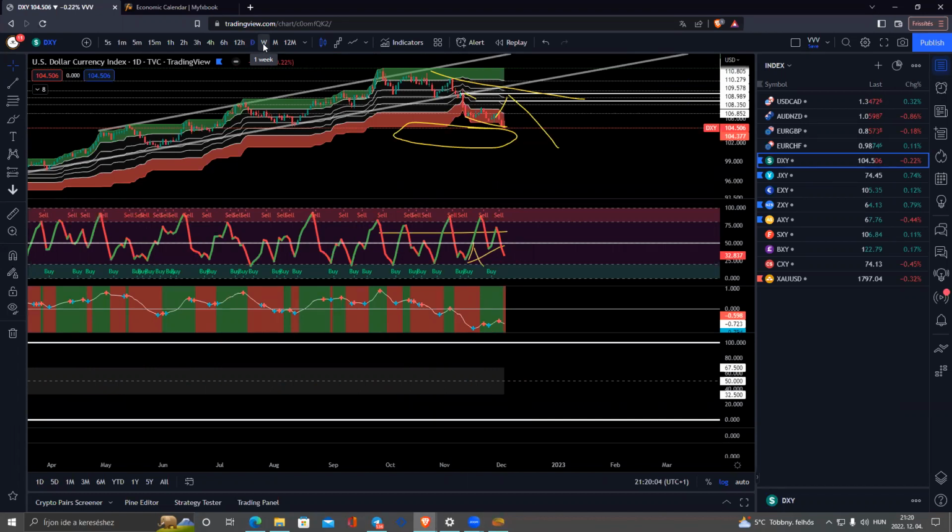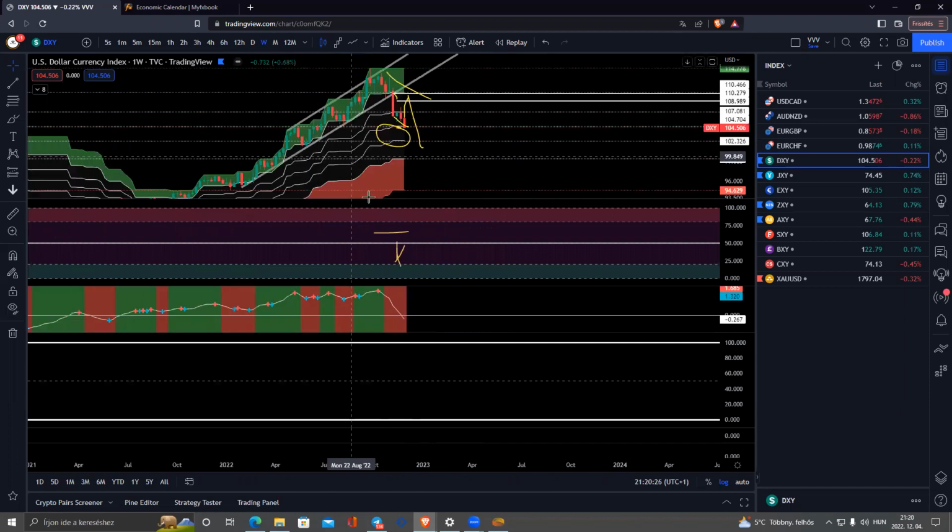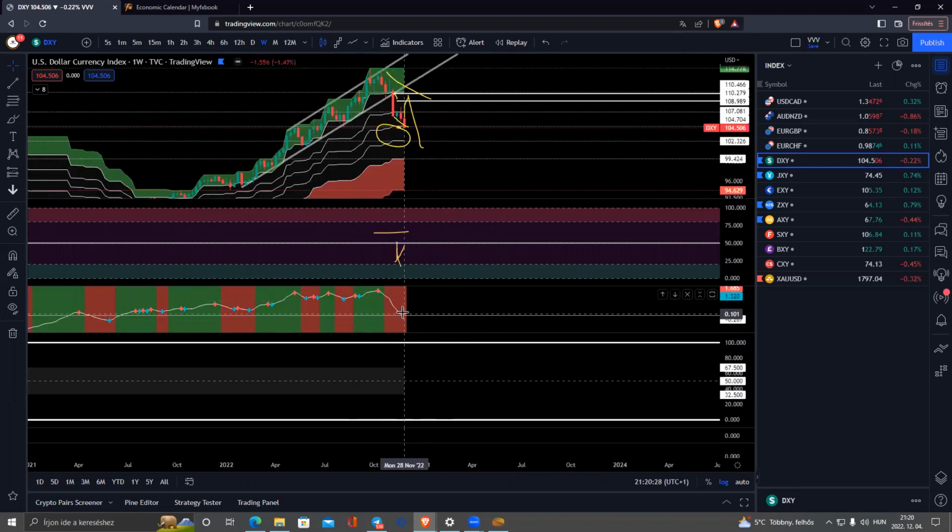It shows that the DXY is actually weak, and there will be no correction. My opinion, we broke the structure. There was a convergence. There is a convergence now. We are heading to a red momentum on weekly basis as well. We are breaking the zero line.